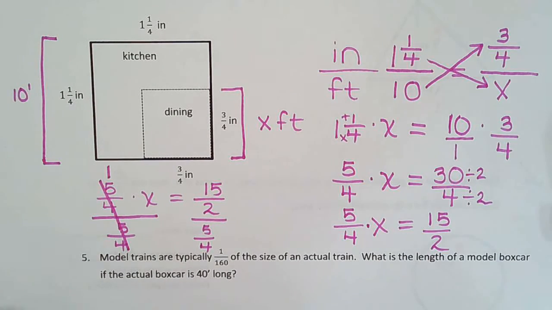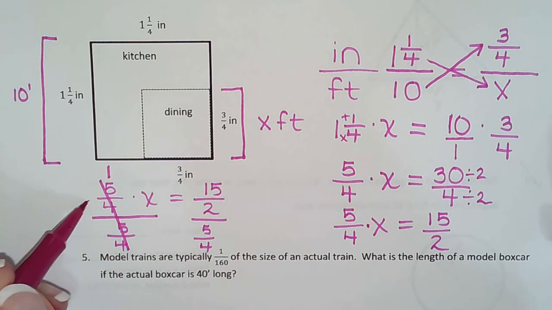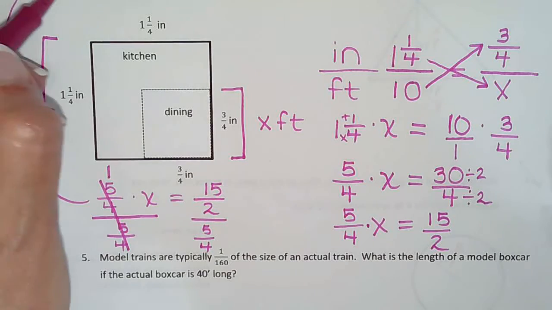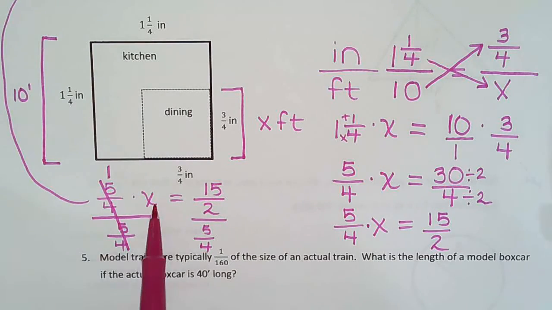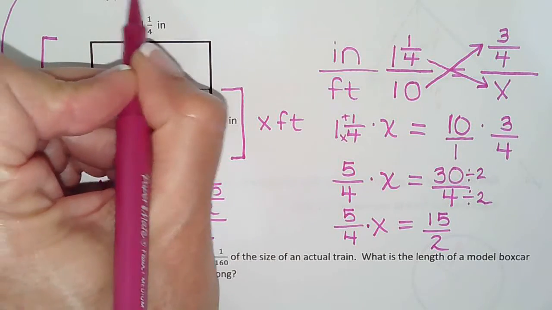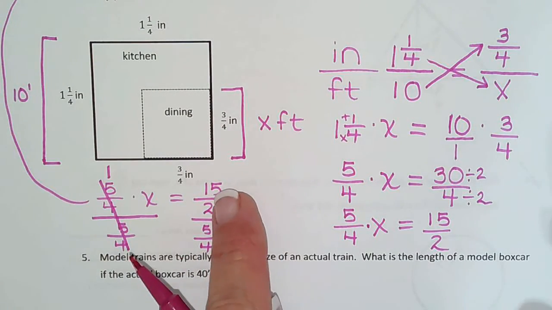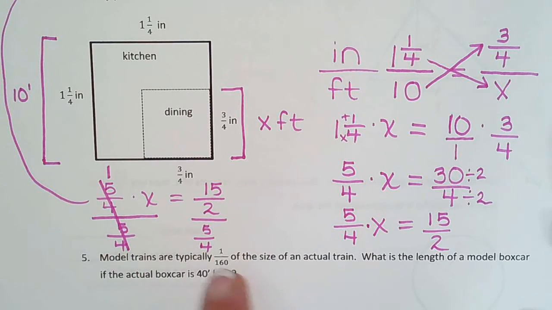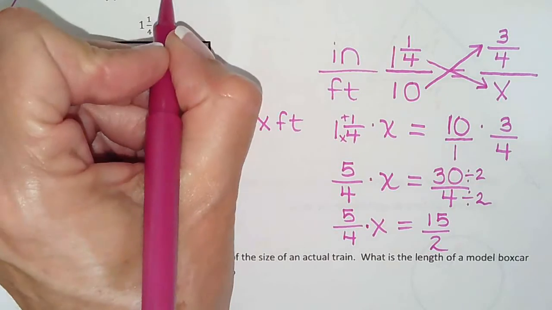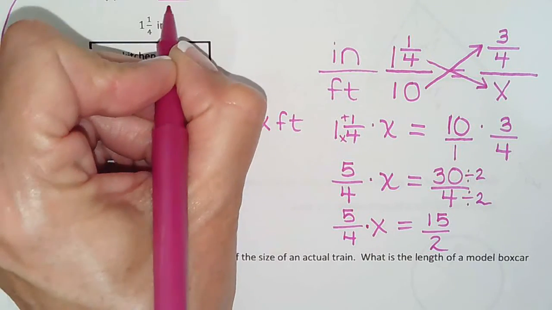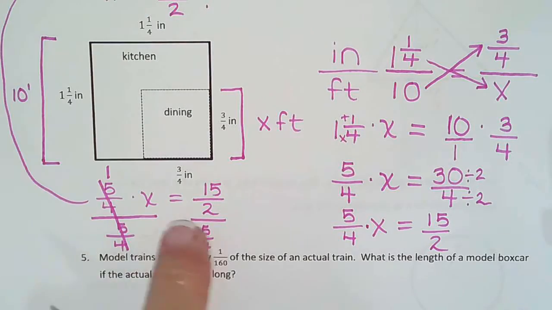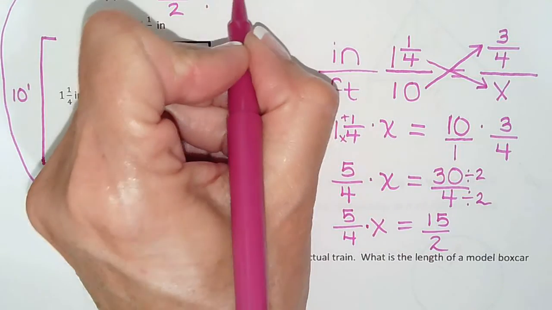So the first thing I would do, we're kind of out of room, so let's go up here. So we have x equals, and this is the first thing I would do, keep it in the same order and just change it to a division problem. So 15 over 2 divided by 5 over 4.